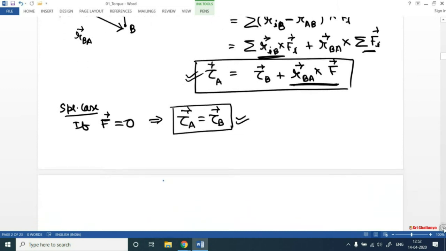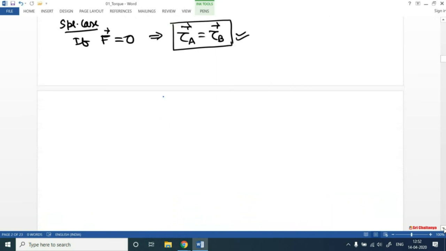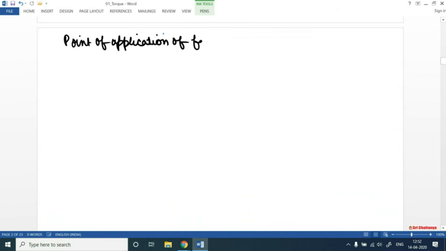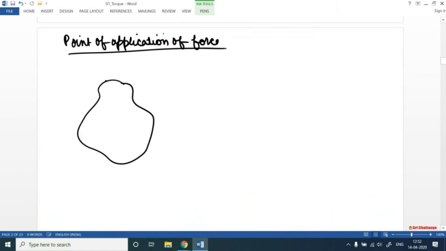Okay, the next concept I want to talk about is something called point of application of force. Let's say this is a body and multiple forces are acting on this body.